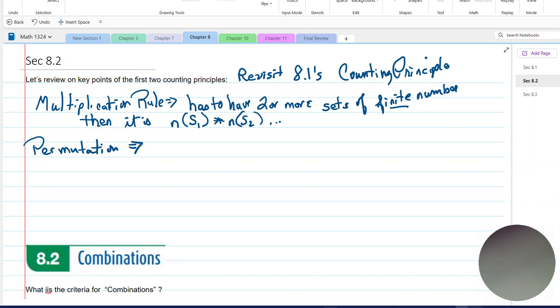Then we have the big one, permutation. The key part is only one set of elements.